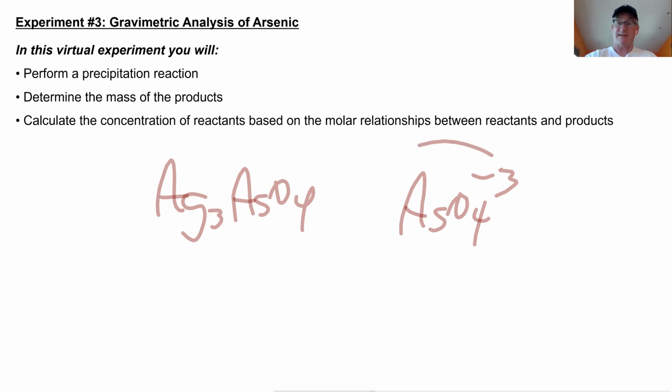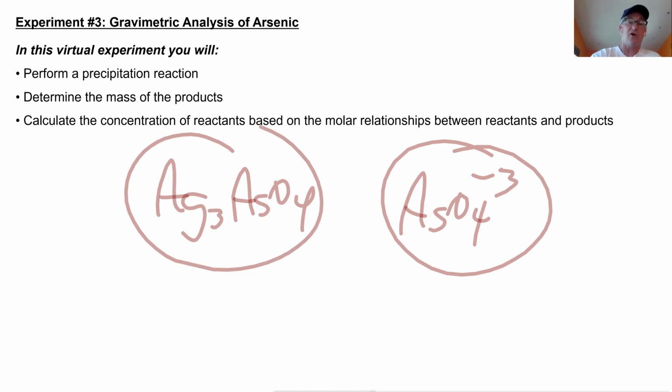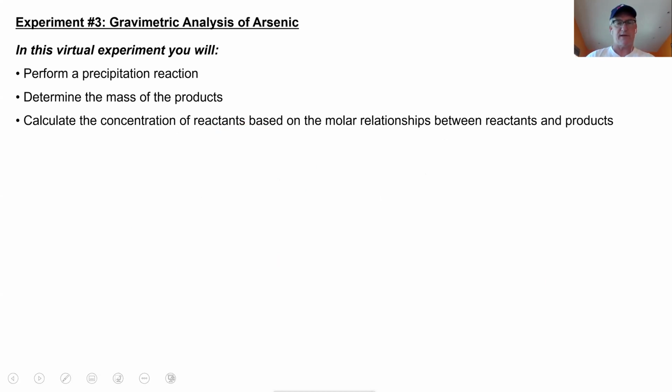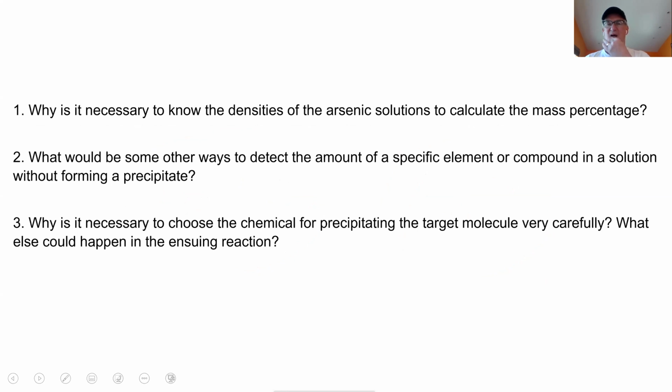So people took this as the mass they should calculate. Actually, the overall mass has silver and oxygen in it rather than just the arsenic. So these were the basic questions with this one.